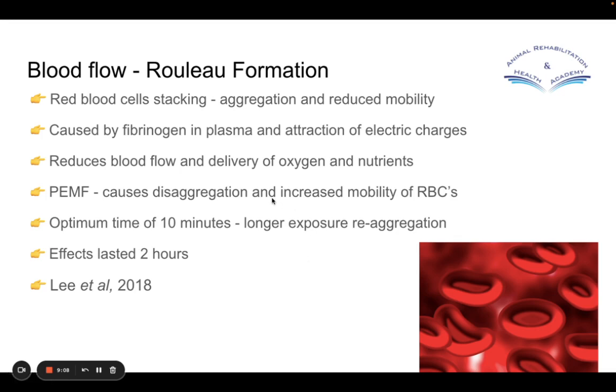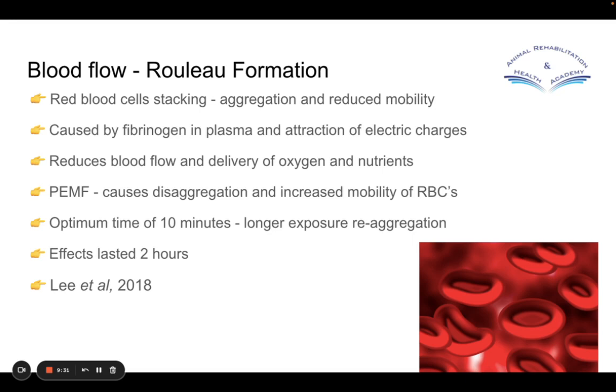Okay, so yes, moving on then to Rouleau formation. And again, this is what I was just mentioning when I was talking about stacking of the red blood cells. This is a phenomenon that happens with disease, with a lack of circulatory health, if you like.